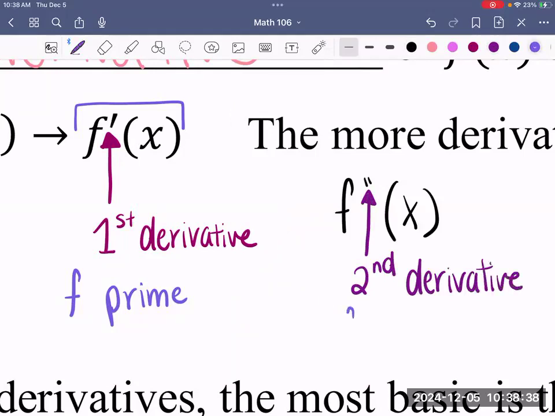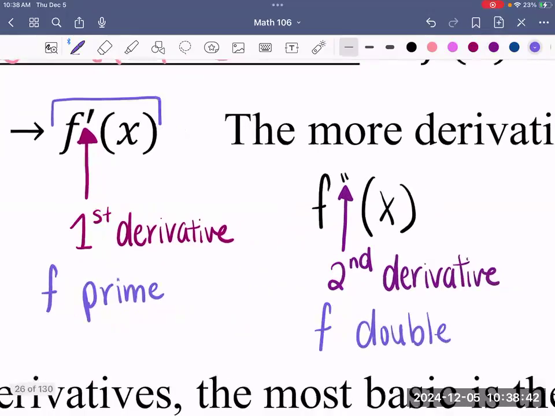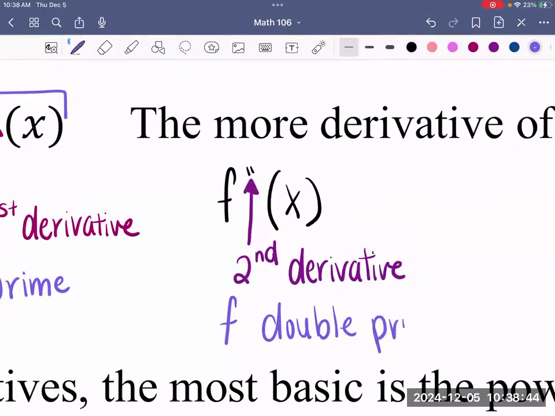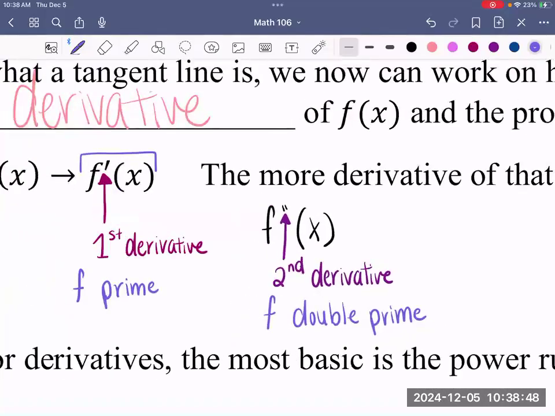So this is called f double prime. I use those a little bit frequently. So if you hear me say f prime or f double prime, it's just stating that we have taken your first derivative or your second derivative based on what the context is of the problem.